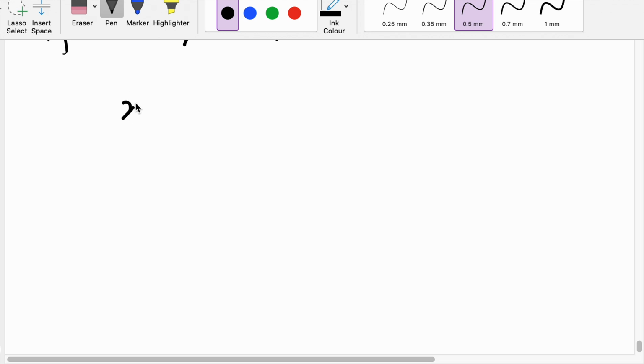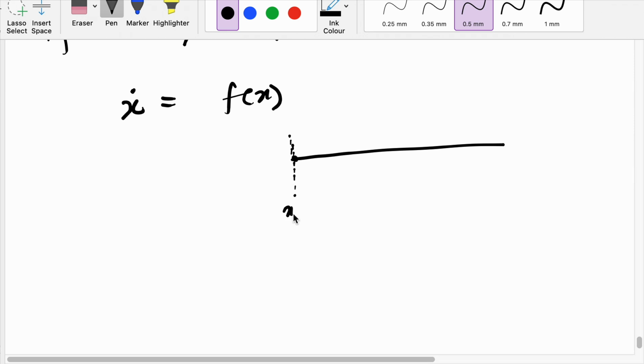So what does it mean? Suppose x dot equals f(x), one dimensional, right? There is a fixed point here, where velocity is 0, so x dot is 0, dx/dt is 0.